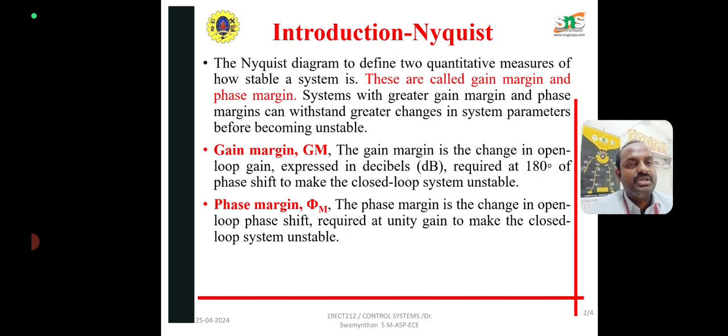First, the introduction about the Nyquist diagram. The Nyquist plot is used to define two quantitative measures of how stable the system is. So we need to find the stability of the system using this Nyquist plot, using two different margins called gain margin and phase margin. Based on this gain margin and phase margin only, we can decide whether the system is stable or not.